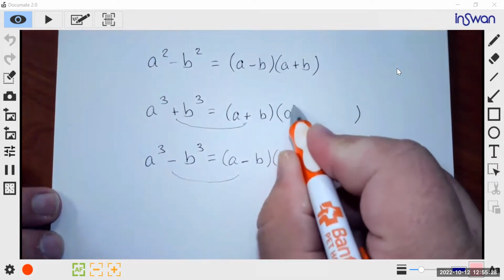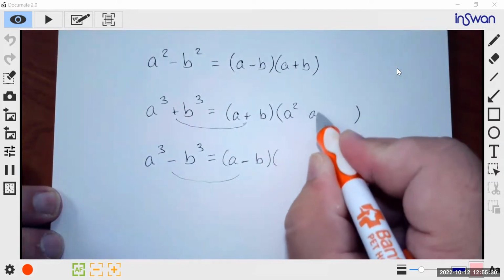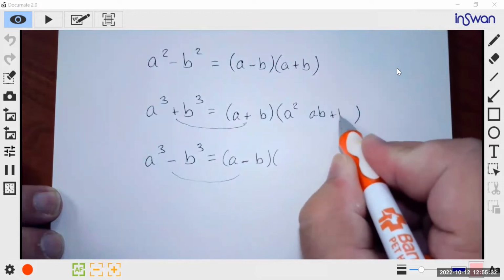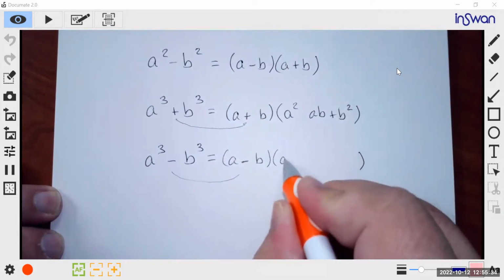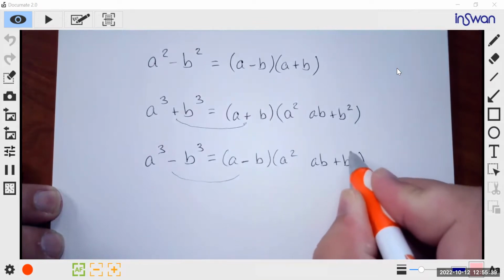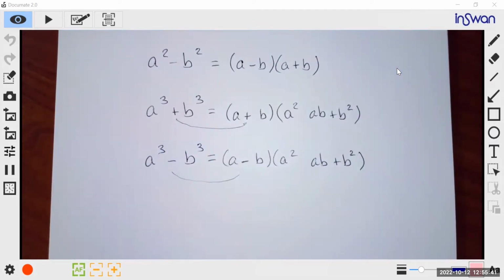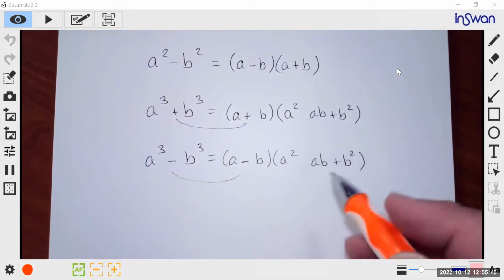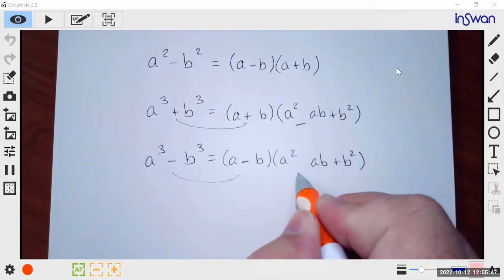In the second parenthesis, notice everything else is the same. The only thing different is with these two.